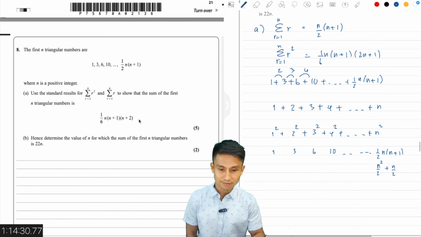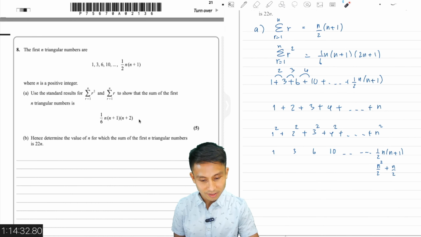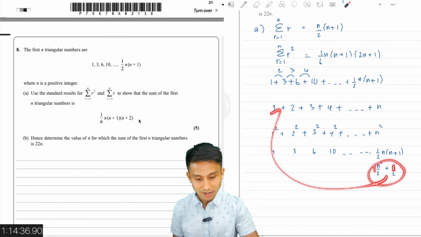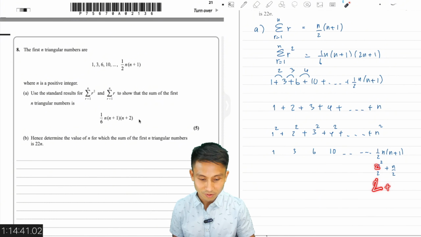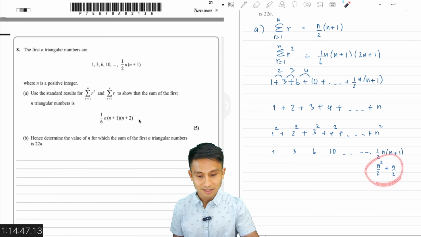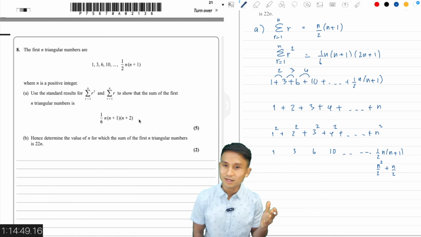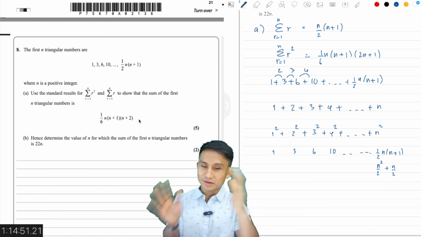Does that work? If we plug 1 in here, we get back to 1. If we plug 2 in here, that's going to be 3. Yeah, that works. So basically, it's just this guy. I forgot to check that the nth term is that, right?